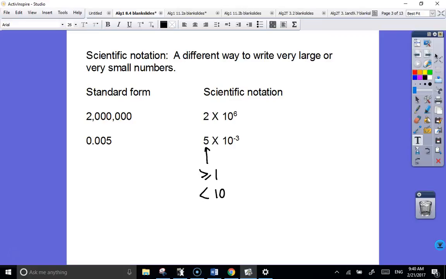So then I've got 5. But since I moved to the right 3, that number got bigger, going from 0.005 to 5, that means the exponent should get smaller. So 10 to the negative 3. It goes down while that went up. So this number should be between 1 and 10, right? If it gets more than 10, then you have to move another decimal place.